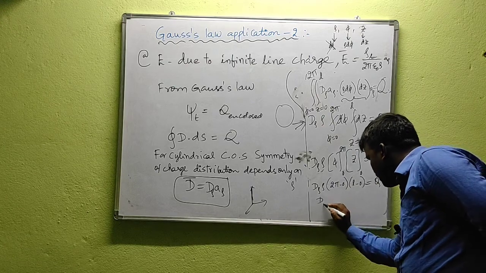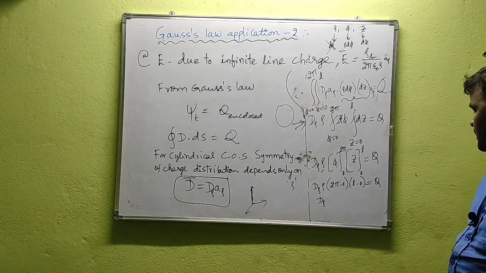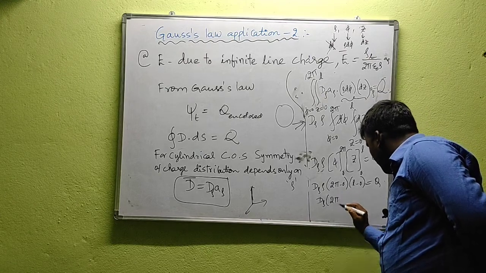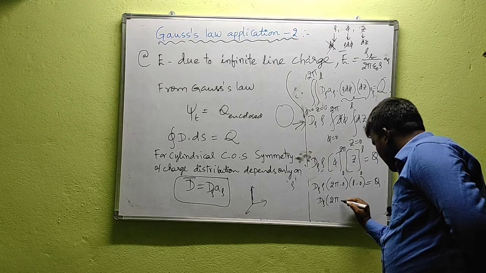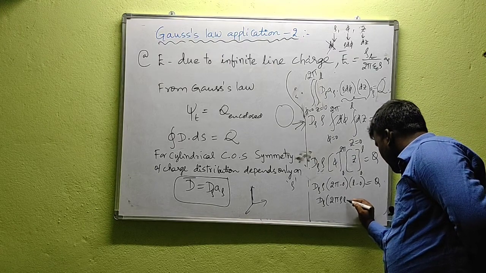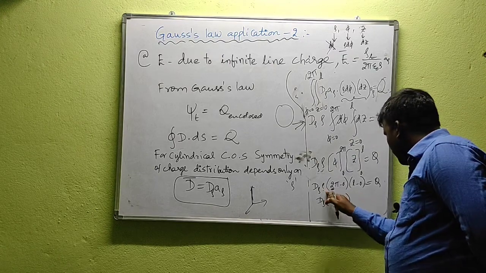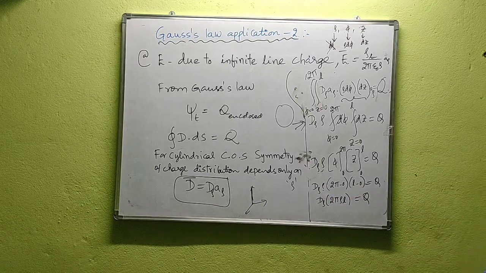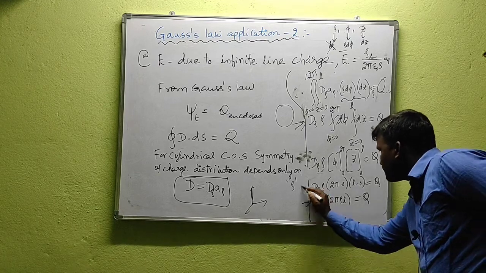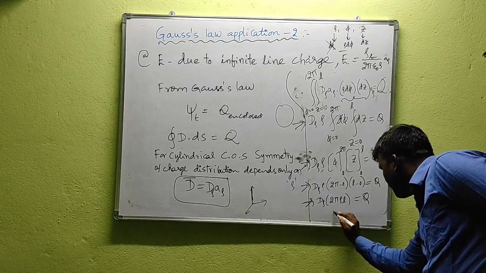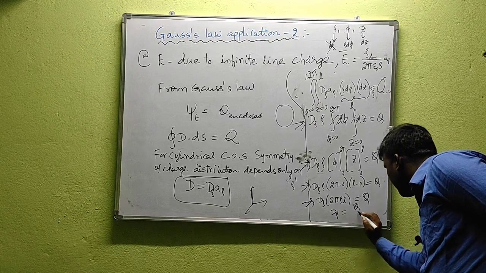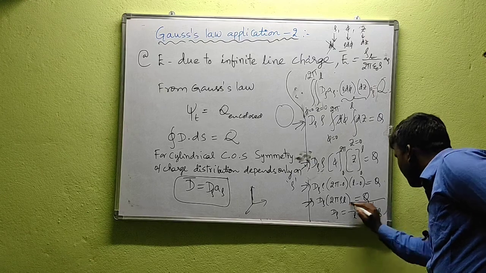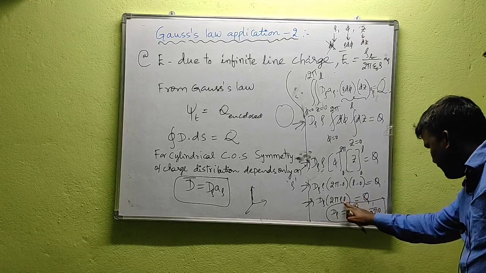So D_rho times 2 pi rho L equals Q. From this, D_rho equals Q by L times 1 by 2 pi rho, sending L to the other side.